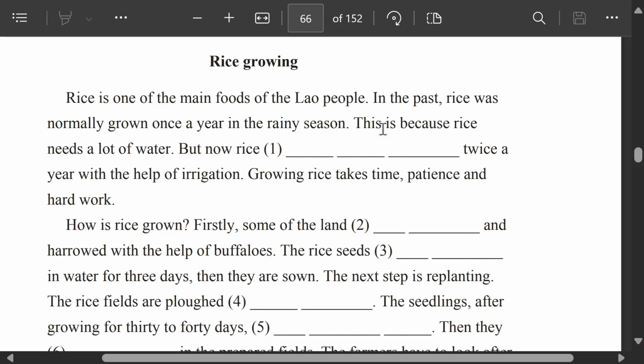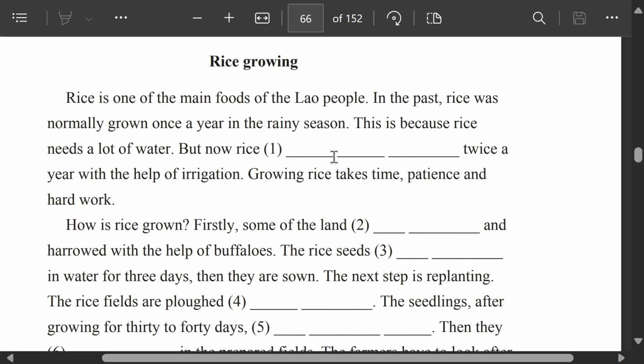I think you cannot feel this. This is a little difficult. But now rice. There are some different possibilities here. There is one way. Do you have any idea of what could go over here?